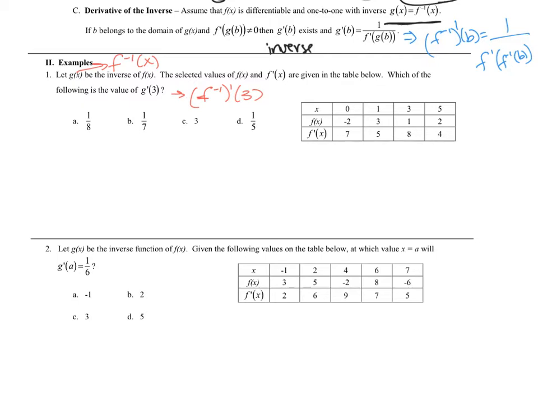Whew, okay. Here's what I know. I know that if I want to find this derivative, however you want to write it, either with g's or with f inverse, I have to fill out this formula. I have to fill out 1 over f prime of g of 3, okay? Again, another way to write that, if that g is confusing to you, f inverse prime of 3, I have to fill out 1 over f prime of f inverse of 3, okay?